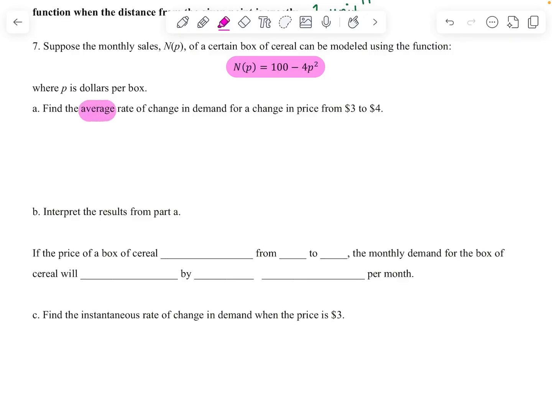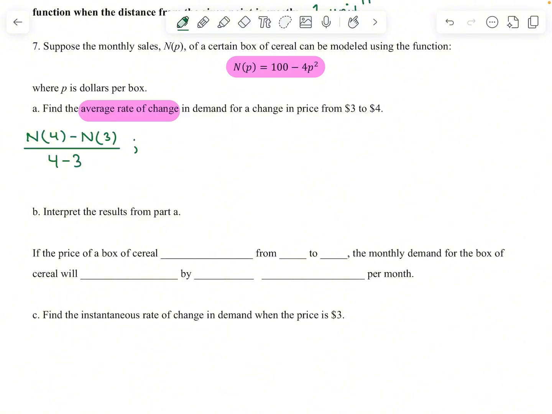Okay, so the problem is asking for average rate of change, so we will use the average rate of change formula. And that will be n of 4 minus n of 3, all divided by 4 minus 3.